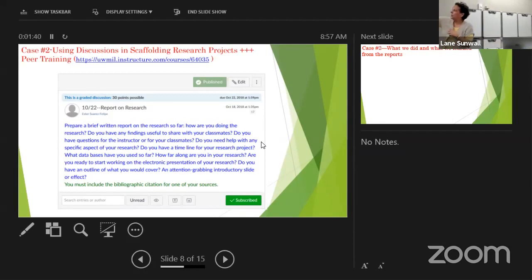They had to do this report about their research like 3 or 4 weeks into it, after we had gone to the library and they had already done a little individual thinking about what they think about research or their experience. They have to post this in the discussions. There were some points just for doing it, and the students did not have to report to me, but they were supposed to read it, and this proved very helpful.